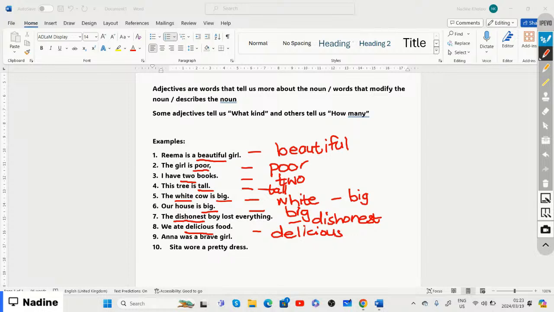All right, so now it says Anna was a brave girl. And if we were to ask what kind of girl Anna is, remember, we need to ask ourselves what kind, or we ask ourselves how many. Then we can say, what kind of girl is Anna?